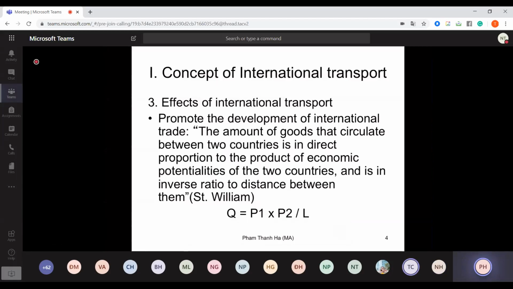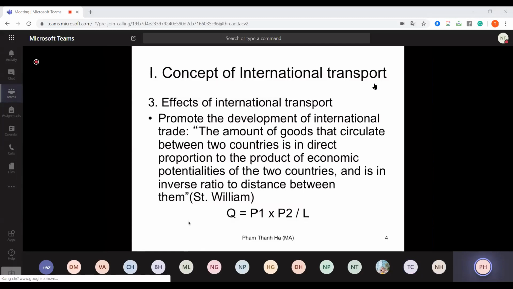Do you have any idea related to the economic potentialities of any countries? What is it? Or at least, what is economic potentiality related to? Can you guess? Economic potentiality of the countries?